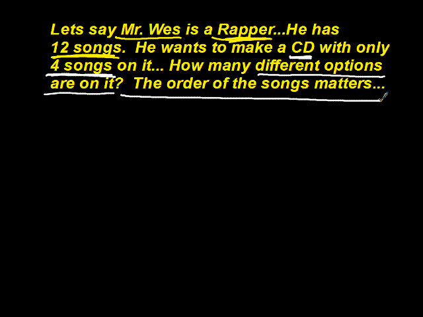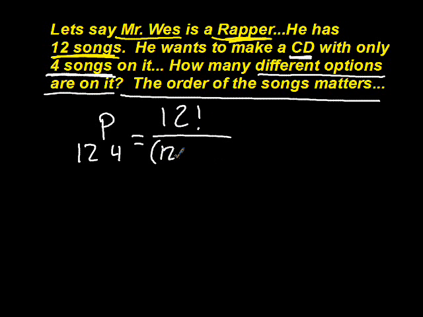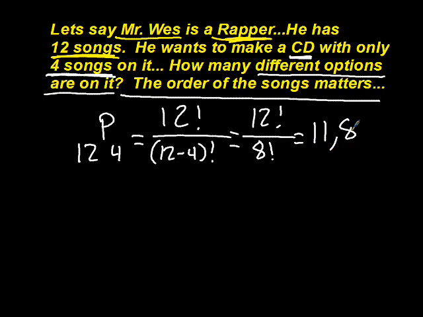Okay, well, we'd have 12 songs, choose 4. That would end up being 12 factorial divided by 12 minus 4 factorial, which ends up being 12 factorial divided by 8 factorial, which ends up equaling, well, if I do this in my calculator, let's just bam it out, 11,880. Okay?